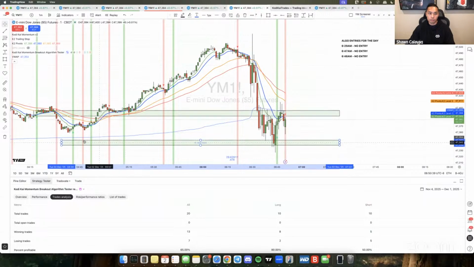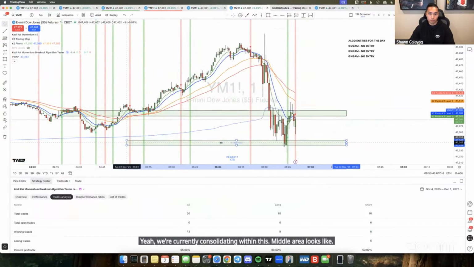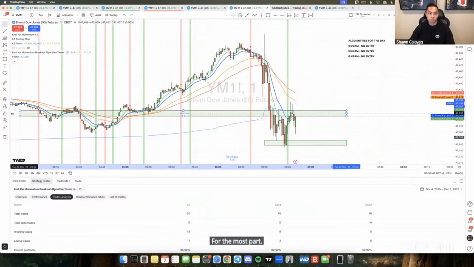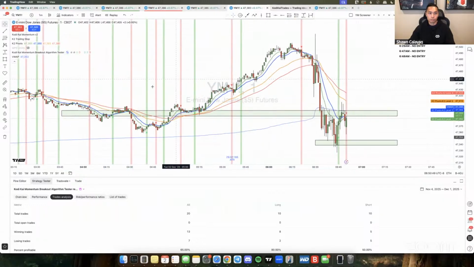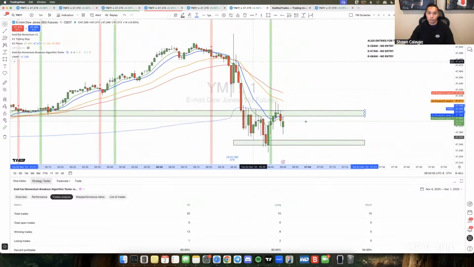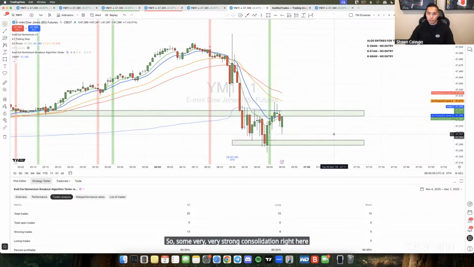Yeah, we're currently consolidating within this middle area, it looks like, for the most part. So some very, very strong consolidation right here around this middle area.